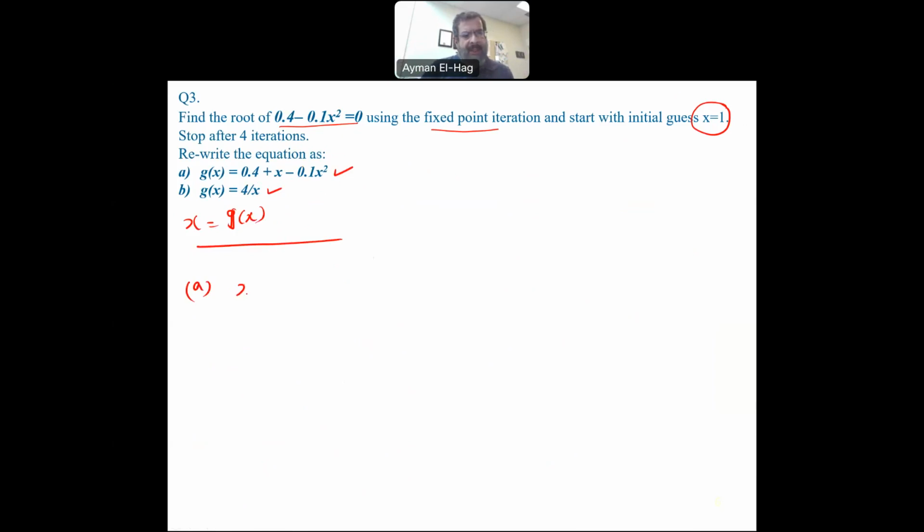So your x of the first iteration is equal to 0.4 plus 1, because this is our initial guess, minus 0.1 times 1 squared, and this will give me a value of 1.3. Then x of 2, the second iteration, is equal to 0.4 plus 1.3 minus 0.1 times 1.3 squared, and this gives me 1.531.